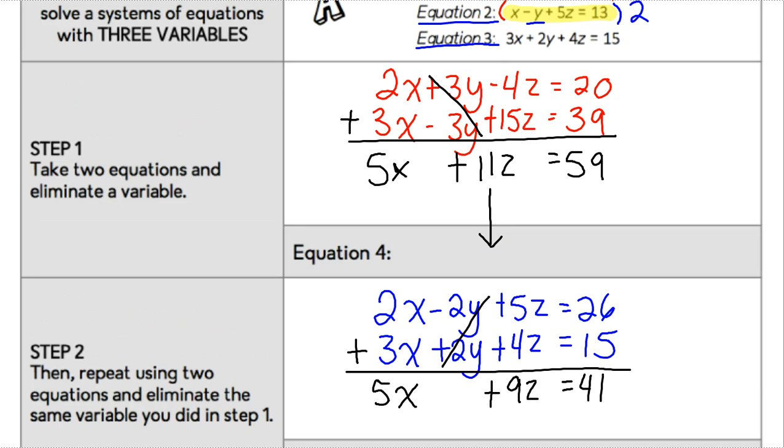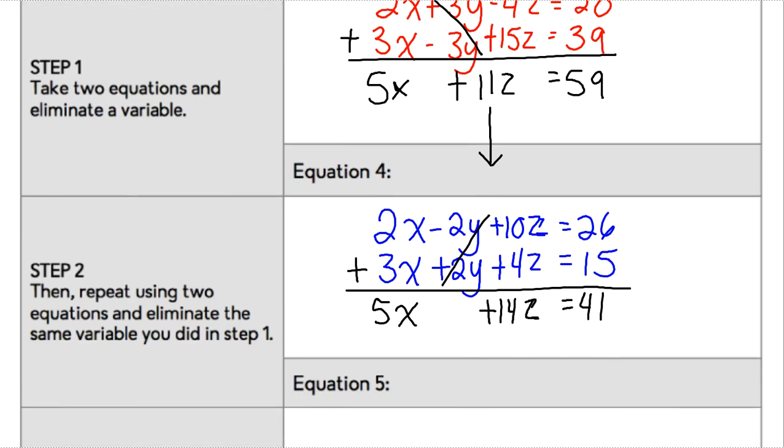And I just realized on this first equation, I forgot to multiply that 5 by 2. So I need to change this to a 10z. Hopefully you caught that before me. And that will then change this from a plus 9 to a plus 14z. My apologies. So that is actually 5x plus 14z equals 41 for our 5th equation that we've created.